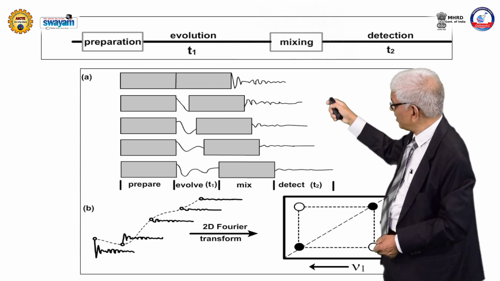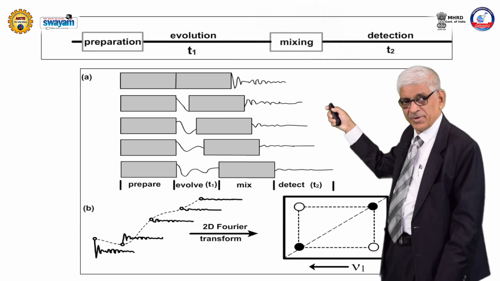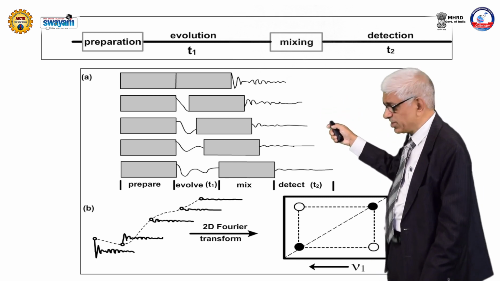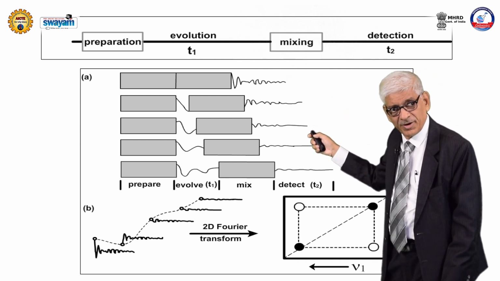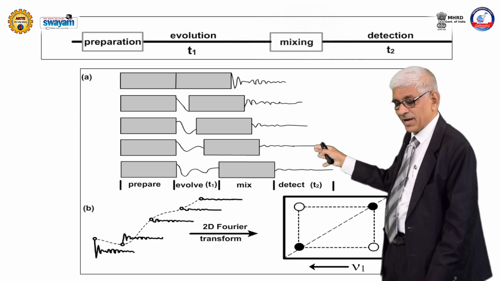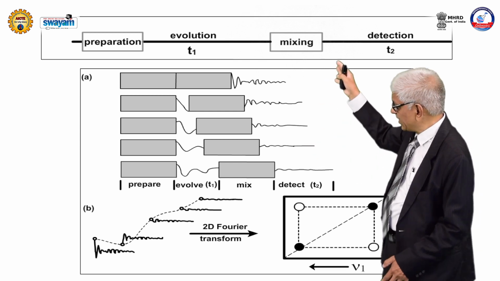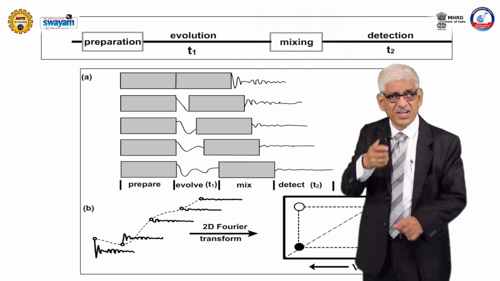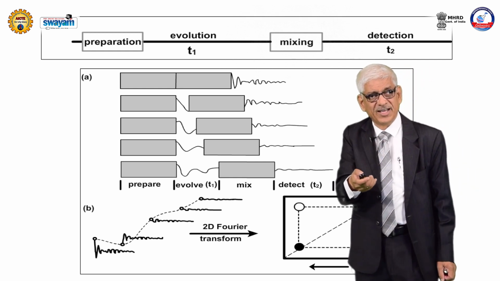In the third experiment you have an additional time increment, which is 2 times whatever was given earlier, and the fourth experiment again has an additional increment. So you systematically increment this t1 in a regular manner so that you can collect a large number of FIDs at the end.